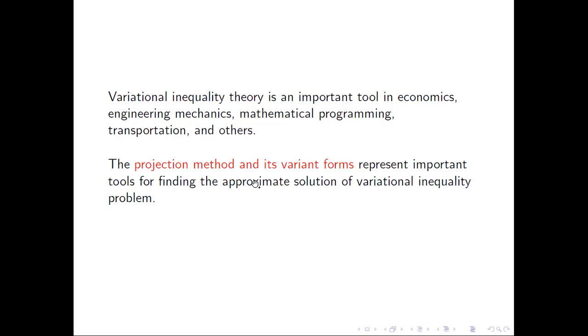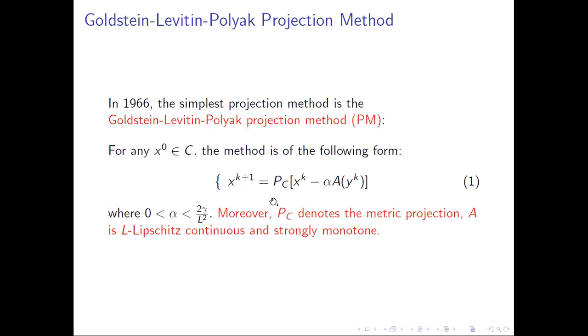Variational inequality theory is an important tool in economics, engineering, mechanics, mathematical programming, transportation, and others. The projection methods and their variant forms represent important tools for finding approximate solutions of variational inequality problems. The first projection method was proposed in 1966 by Polyak, called the projection method.